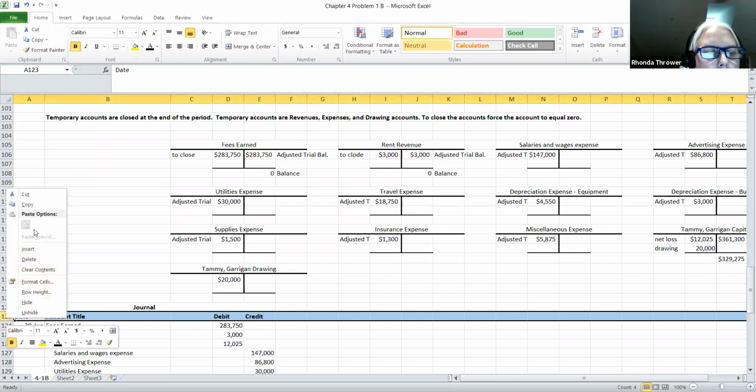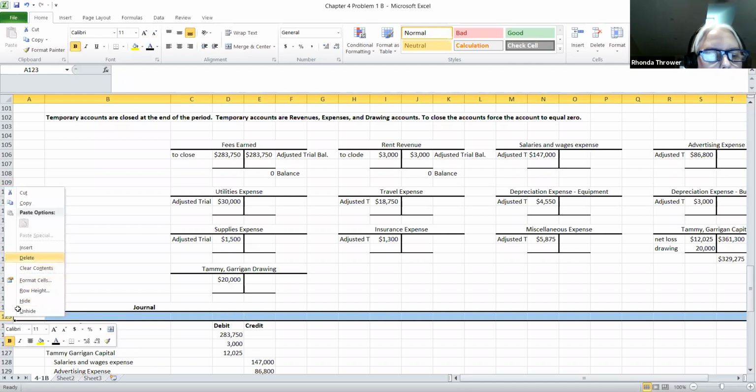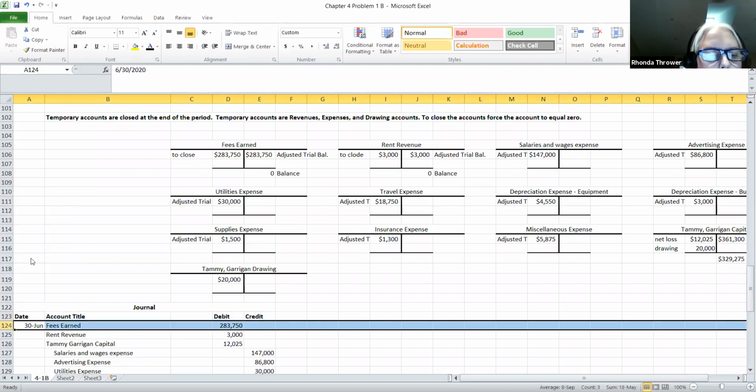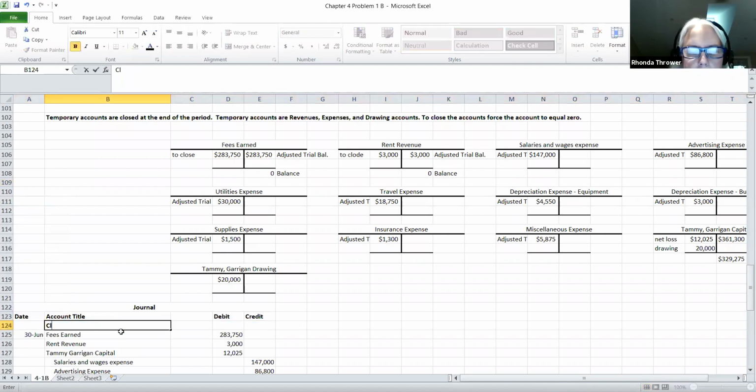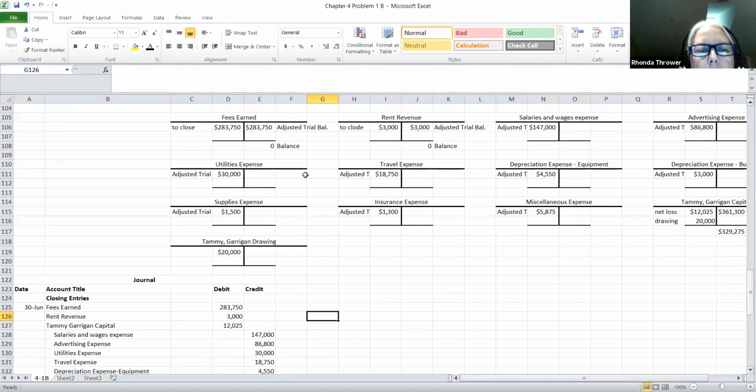So I'm going to insert a line here, and I'm going to call these closing entries, so you'll know that all of these are closing entries that we're preparing in the journal. You might remember we labeled adjusting entries in the journal. I'm just labeling these as closing entries so you'll know what we did here.